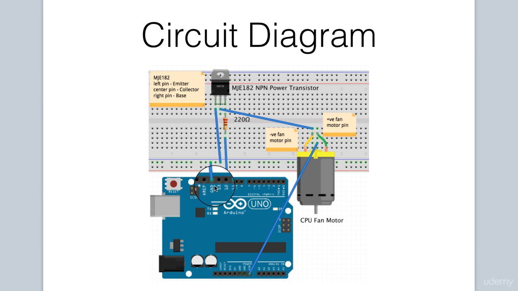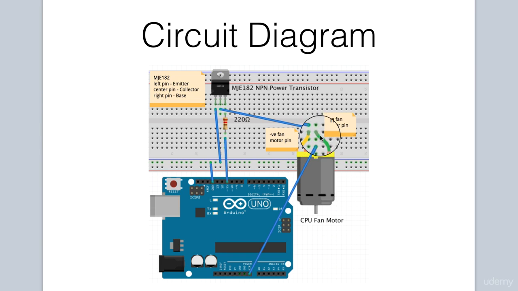So first we connect the ground pin of the Arduino to the ground rail. Then, in wiring our transistor, we connect from the emitter to ground, and our collector pin goes to the negative of the fan.